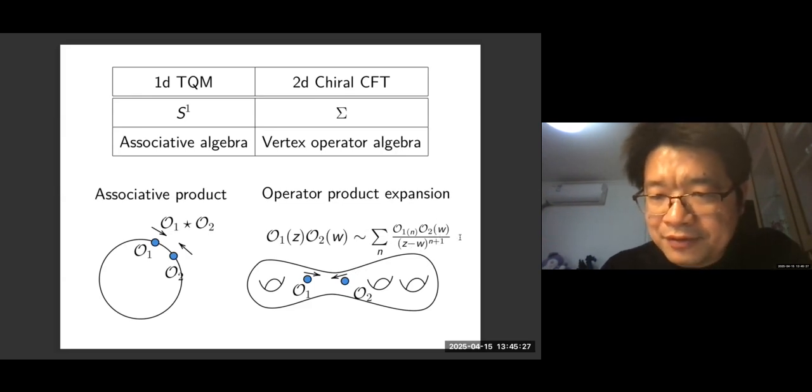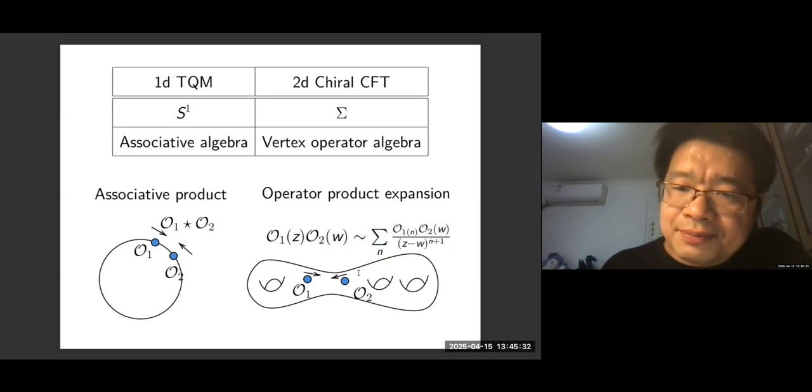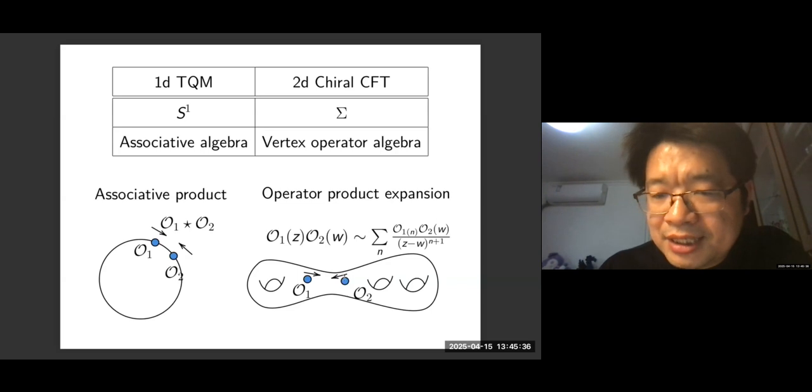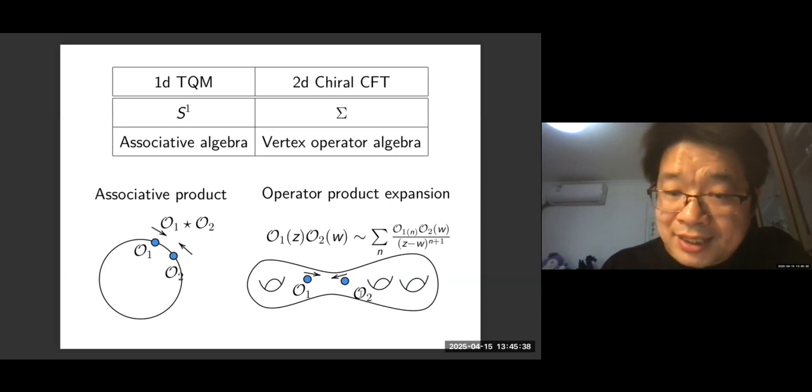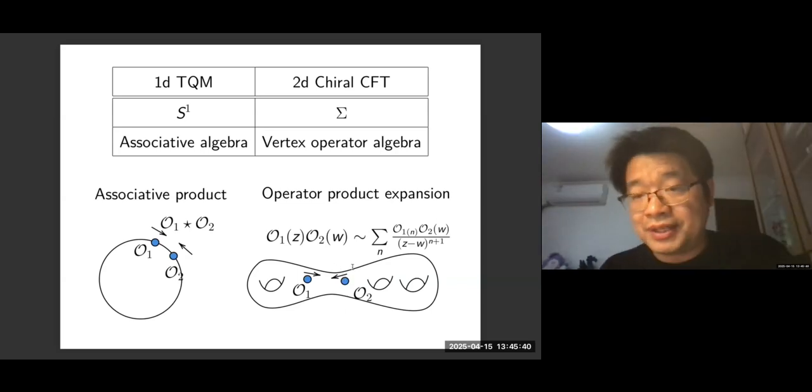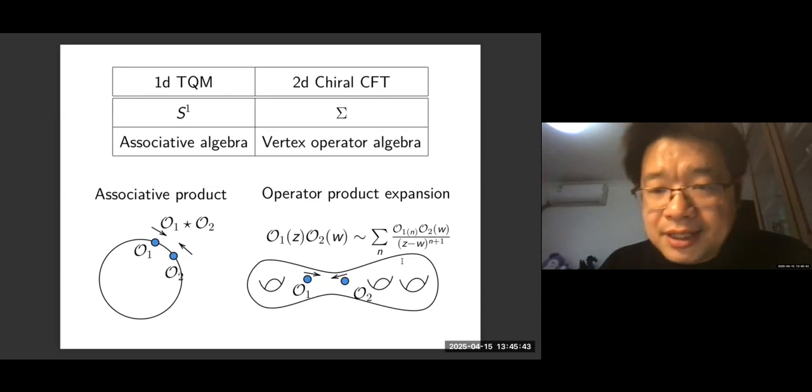So we can write down some kind of expansion on the right-hand side, which basically represents a Fourier mode. For example, the point can collide with the other point by winding around a couple of times. So the winding number, the Fourier mode, gives rise to an infinite tower of binary operations.